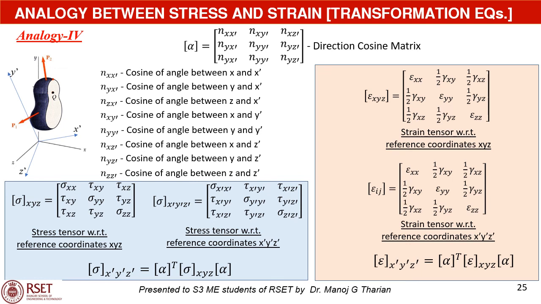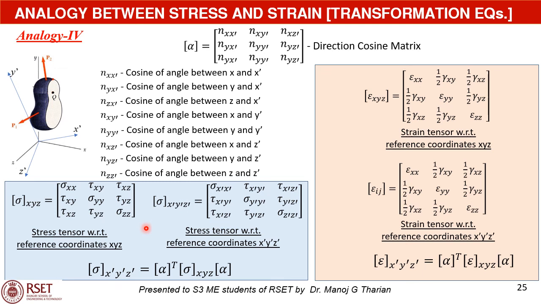The fourth analogy is the analogy in the case of the transformation equation. Consider a coordinate system x, y, z. X dash, y dash, z dash represents a transformed set of coordinate system. With respect to the x, y, z coordinate system, sigma x, y, z is the stress state at point Q, and with respect to the transformed set of coordinates, sigma x dash, y dash, z dash is the stress tensor at point Q. There exists a definite relationship between sigma x, y, z and sigma x dash, y dash, z dash.